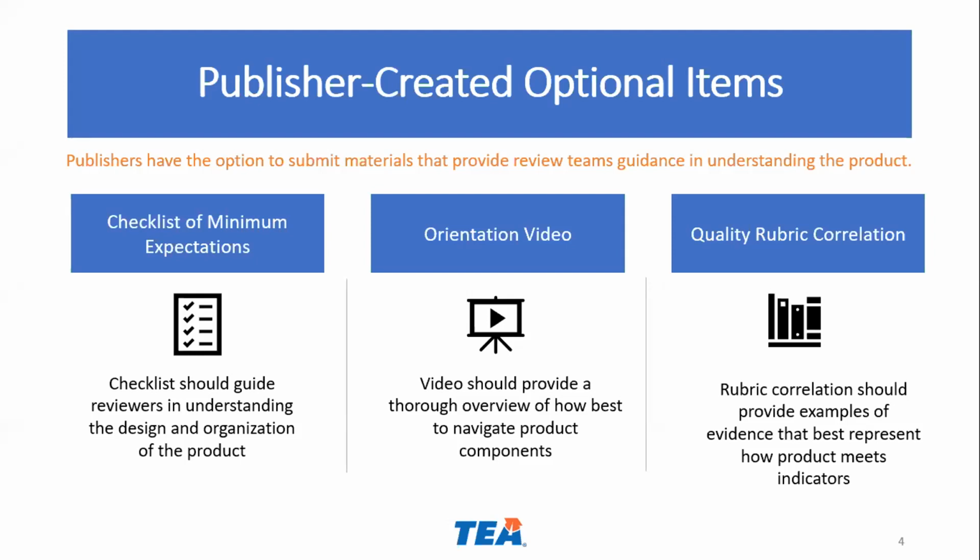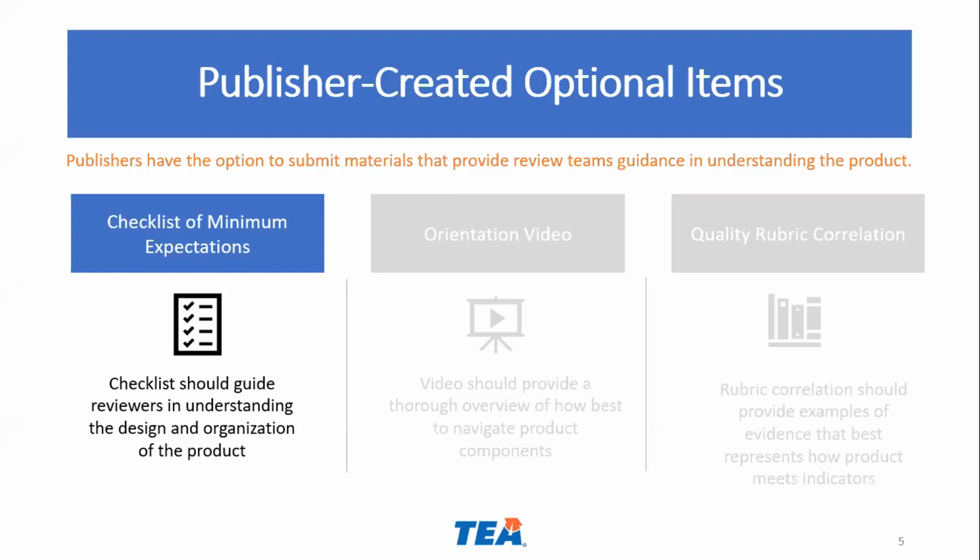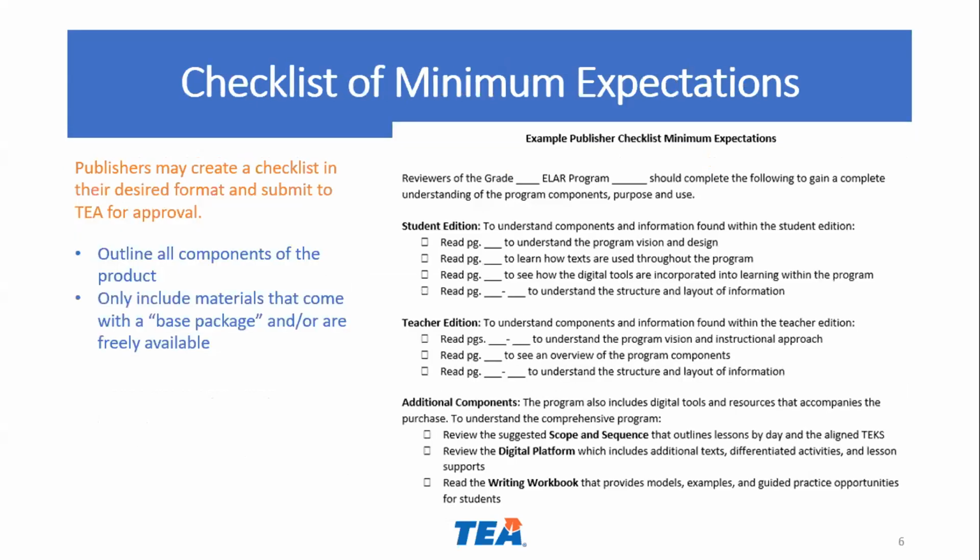I'm going to go into each one individually and share some suggested guidance as well as provide some additional examples. The first is a checklist of minimum expectations. In this checklist, publishers may create a checklist in their desired format. We are not creating a template for you.